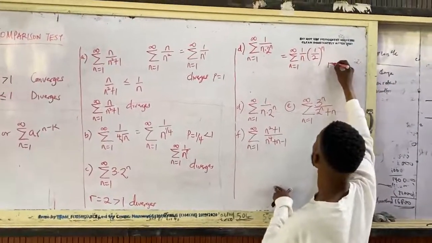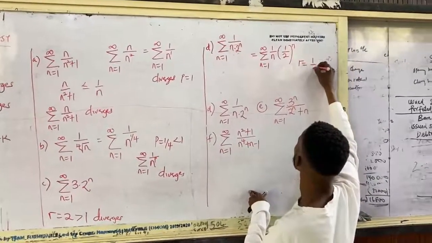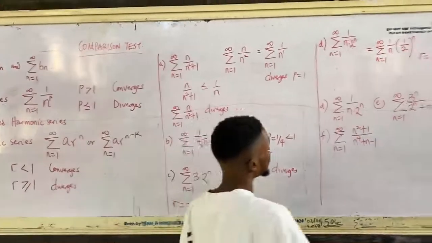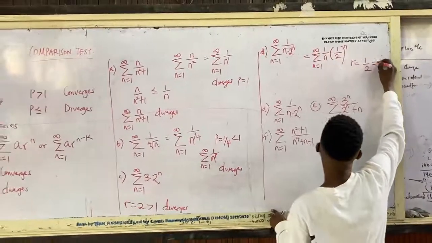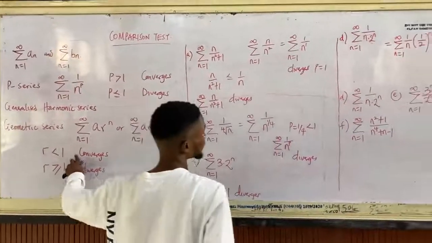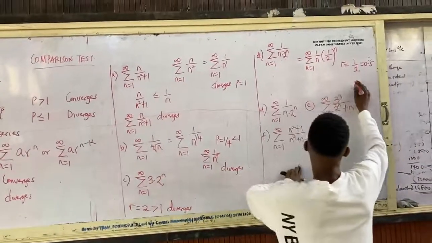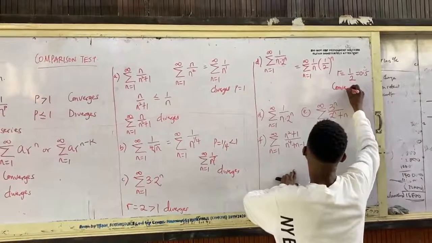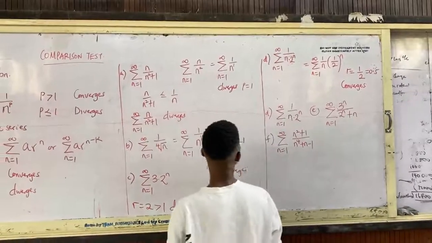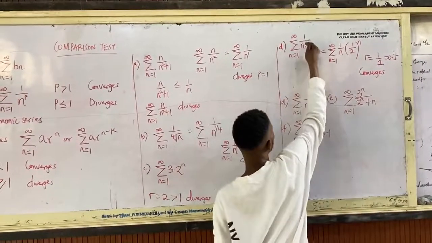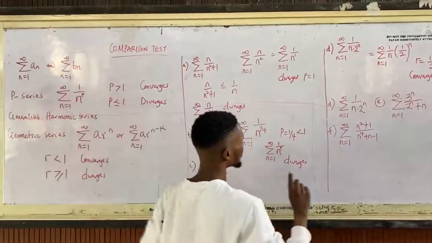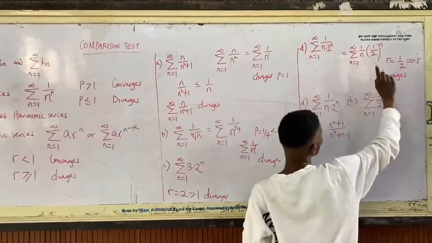Now the r here is 1 over 2, which is 0.5. So 0.5 is less than 1. That means the series converges. But if you compare with a p series, that's 1, less than or equal to 1, diverges. That's a mistake. Compare with the geometric series.